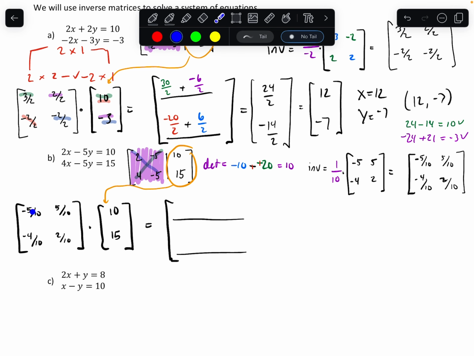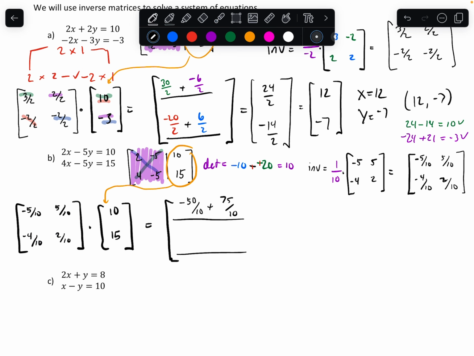So negative 5 tenths times 10. Right? That'd be negative 50 tenths. Plus 5 tenths times 15. So 5 times 15 is 75. That's 75 tenths. And then negative 4 tenths times 10.